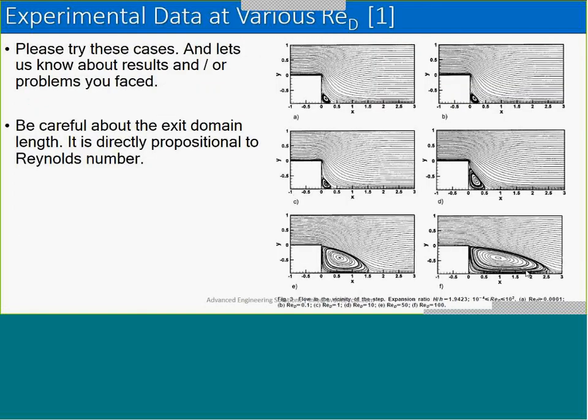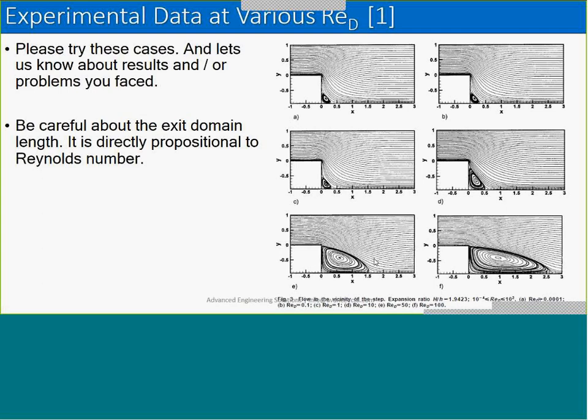The last case is for Reynolds number 100, which we solved now. The cases are for Reynolds number 50, then 10, 1, and so on. You can see that the circulation zone or separation zone is very low in this case, and it increases with the Reynolds number. So it should be the case with your flow.